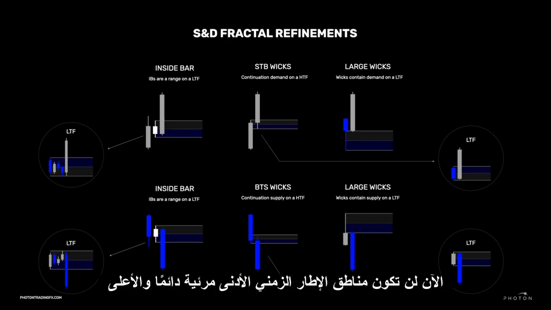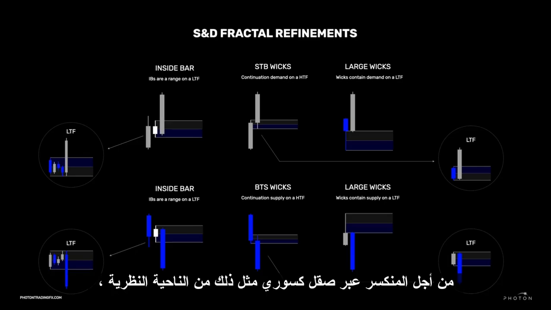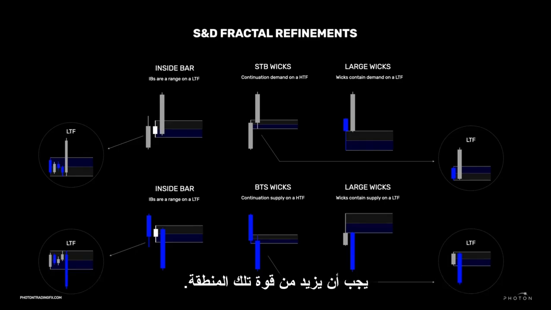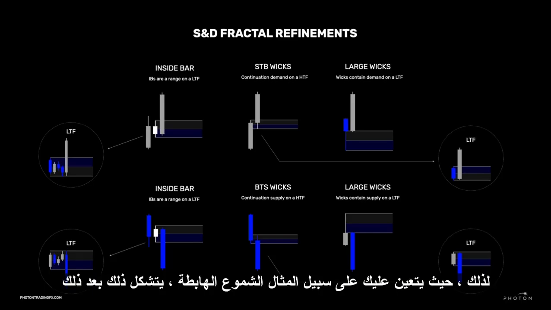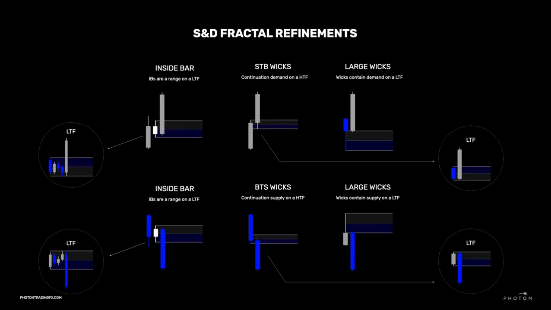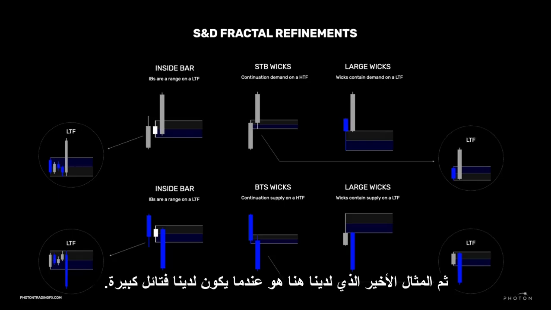Now, lower time frame zones will not always be visible on the higher time frames, but when you can see, for example, that M15 zone on the 4-hour via a fractal refinement like that, in theory, that should increase the strength of that zone. And all of that we've just spoken about, of course, applies to supply zones. So where you have two bearish candles, for instance, that then form those buy to sell wicks, on the lower time frame those wicks will represent either range created or pivot created supply.